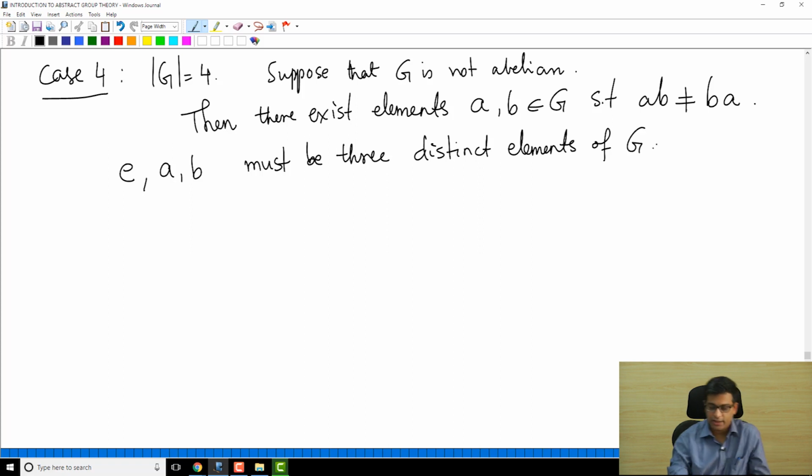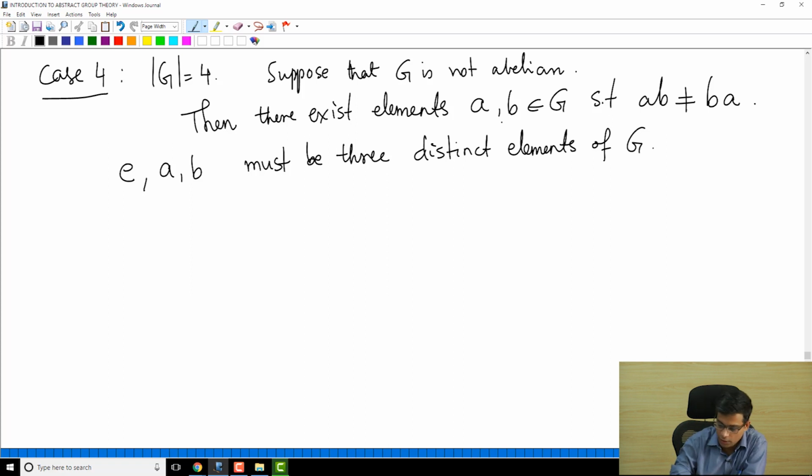Why are they distinct? Because A and B do not commute with each other, neither of A and B can be E, because if A is E, B and E will commute. Similarly, if B is E, A and B will commute.